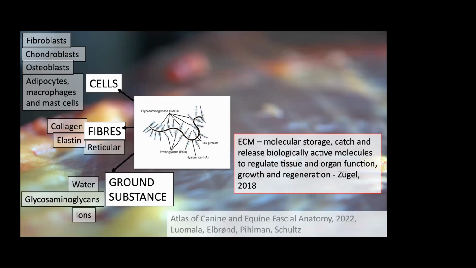And ground substance, we are talking about the extracellular matrix, which is holding everything around the cells. And this is also the molecular storage. It is catching and releasing biologically active molecules, and it is regulating tissue and organ functions, growth and regeneration.